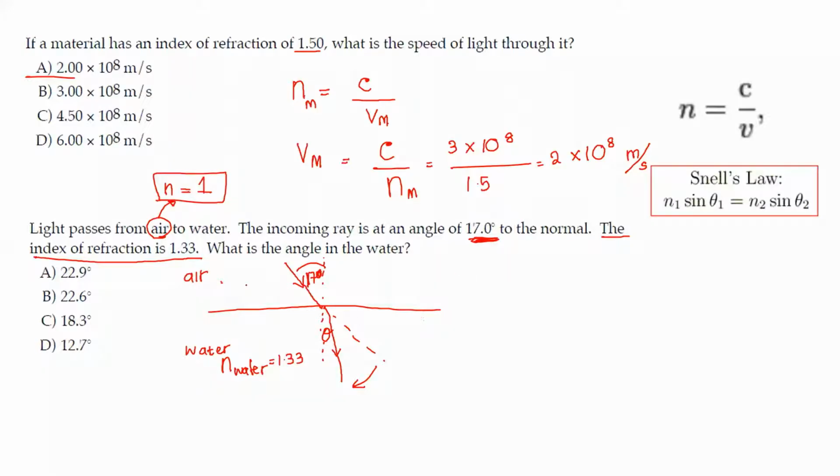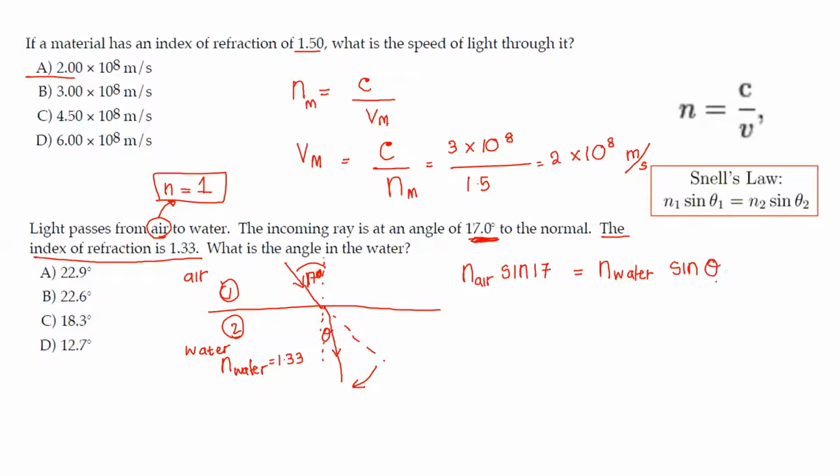So Snell's law. This is my first medium and this is my second medium. So I'm going to write the equations. N of air times sine 17, that is for my first medium, air. And for my next medium, it is N of water times sine theta.